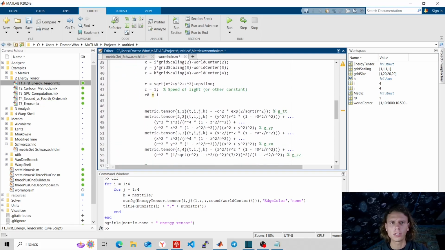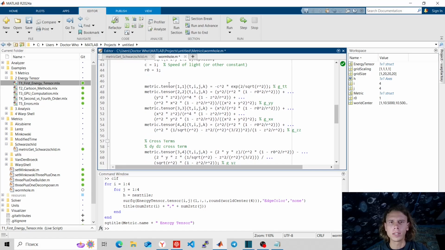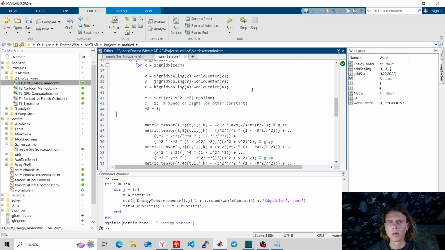And so then I just replace, for example, the GTT 00 component of my metric with values from Wolfram Mathematica.